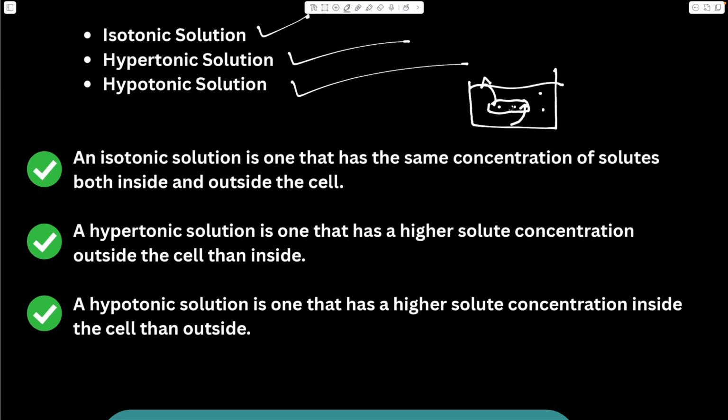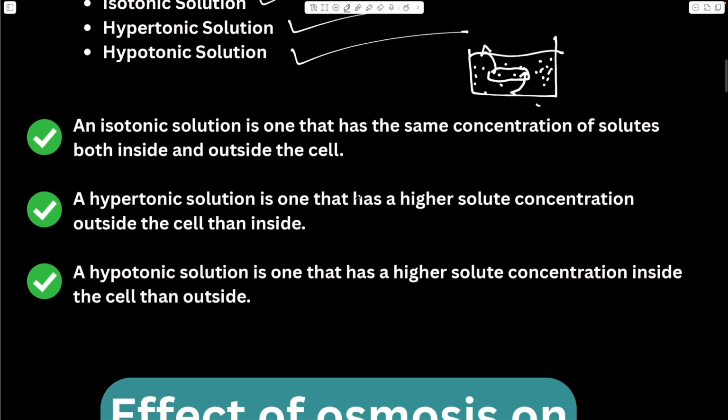Whereas in a hypertonic solution, the solute concentration outside the cell is higher, so water moves outside the cell. Whereas in a hypotonic solution, the solute concentration is much higher inside the cell, so water moves into the cell.